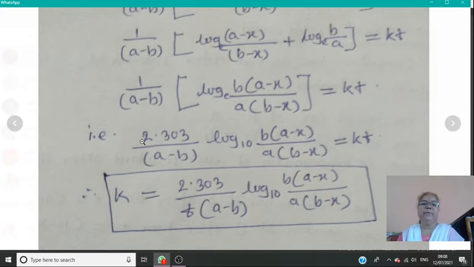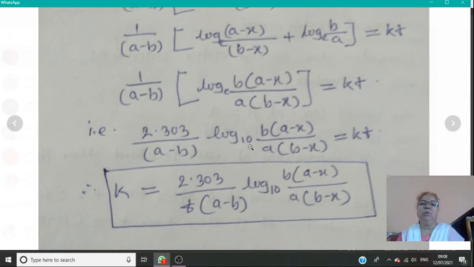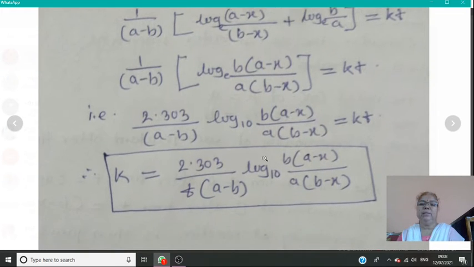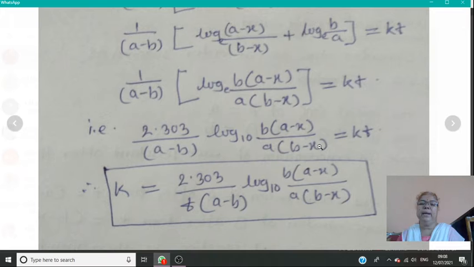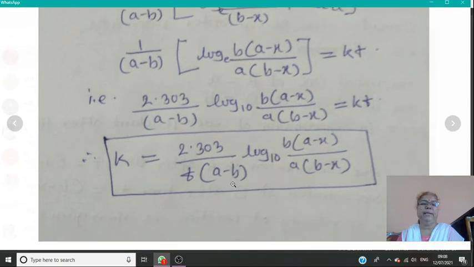Therefore, our equation becomes 2.303 upon a minus b into log to the base 10 of b in a bracket a minus x upon a in a bracket b minus x, equal to kt.